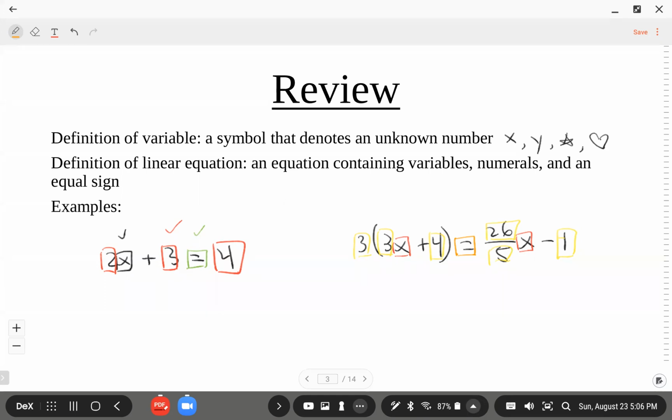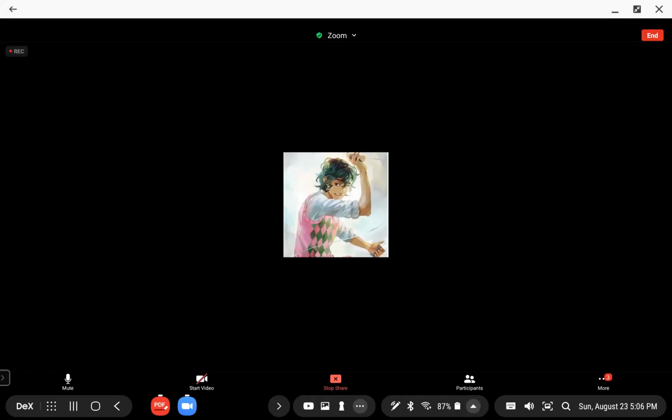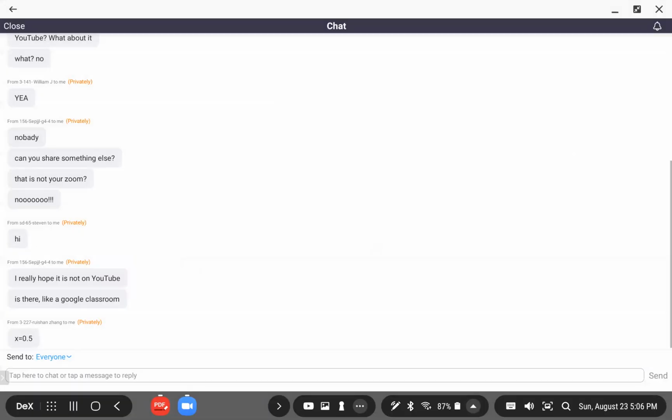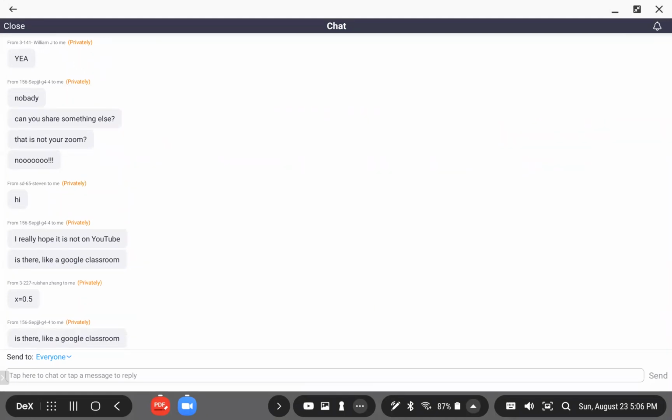So now let's start off with a warm-up exercise that I do commonly. Okay, so the warm-up exercise is please come up with some examples of linear equations.